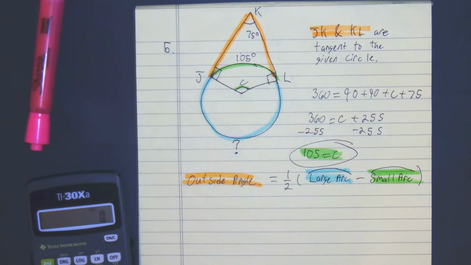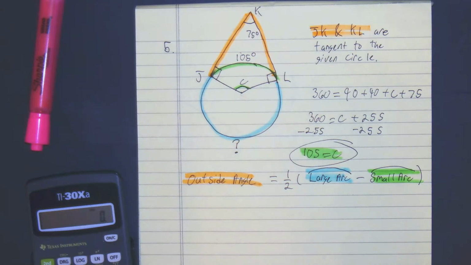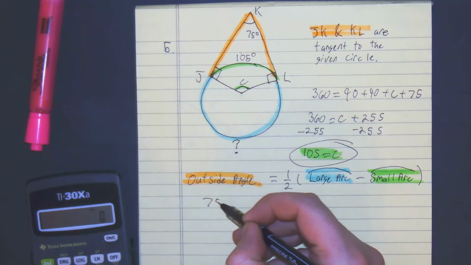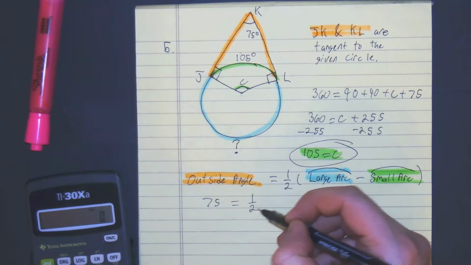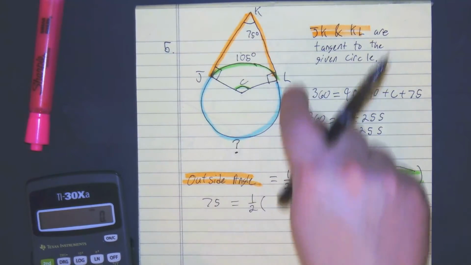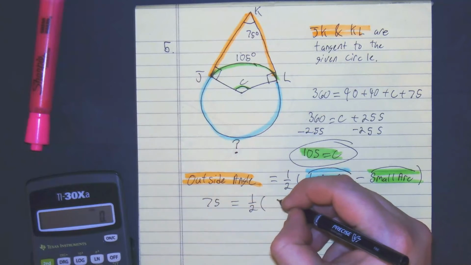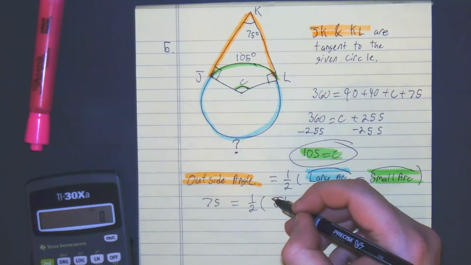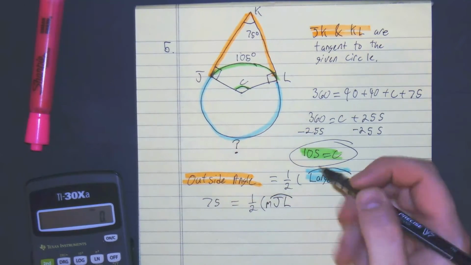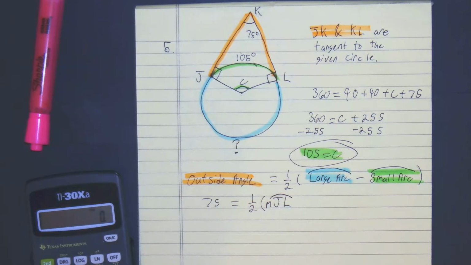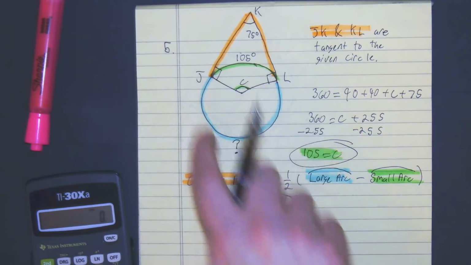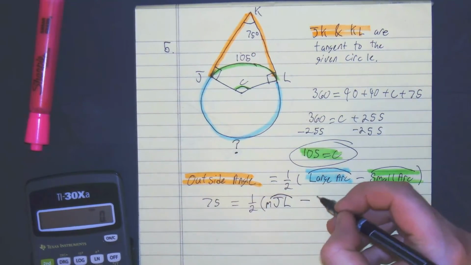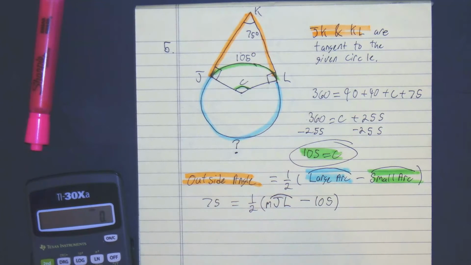So from here, outside angle is going to be 75, which is equal to 1/2 the large arc. We don't know it. JL. I'm assuming it's going to be a major arc, but I'm just going to say JL because that's all they gave us. Minus 105. The first thing I see is I don't want to distribute a half here.